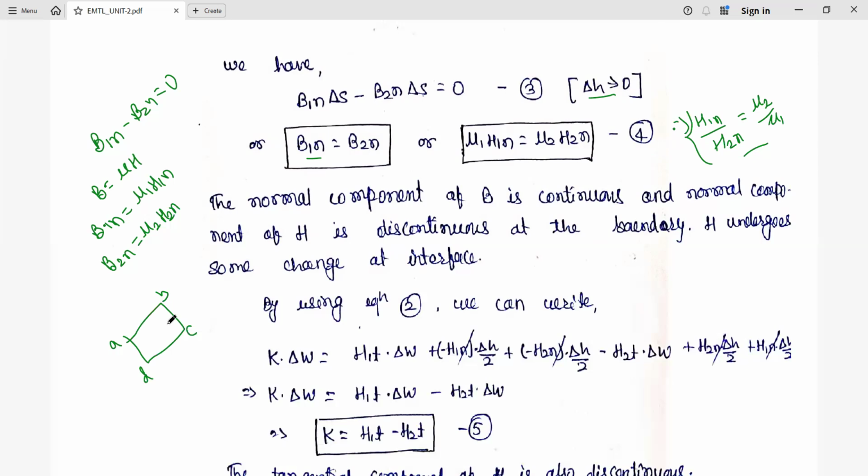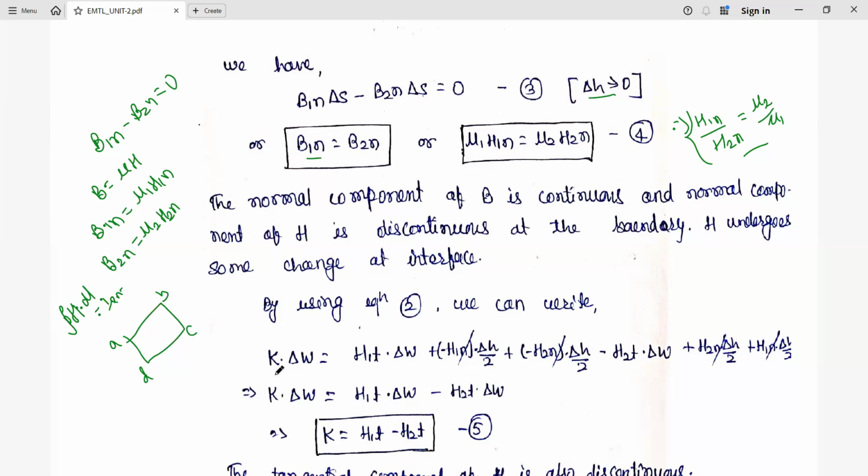Okay. So on this path, when we are going to move, we have the current enclosed. That is in the case of Ampere's law. By using Ampere's law, we have the integral of H dot dl over the closed path equal to the current enclosed.